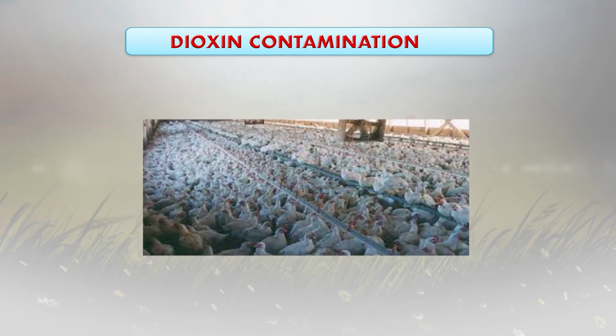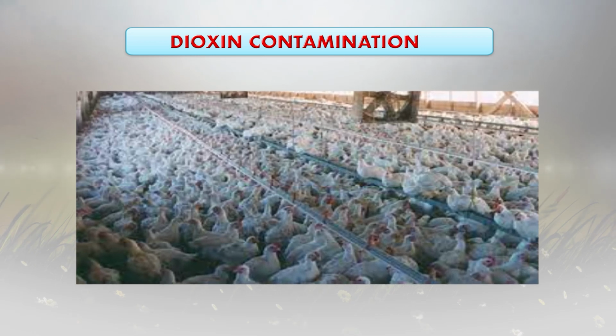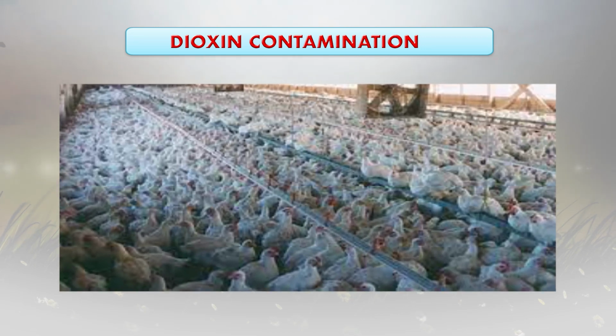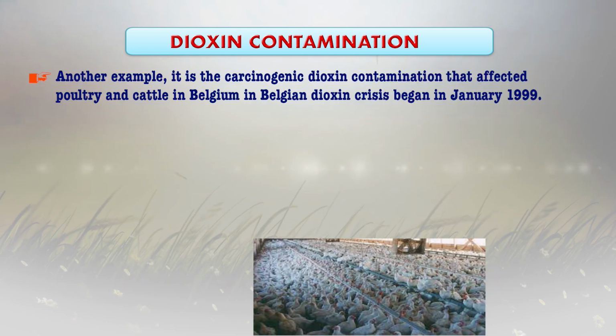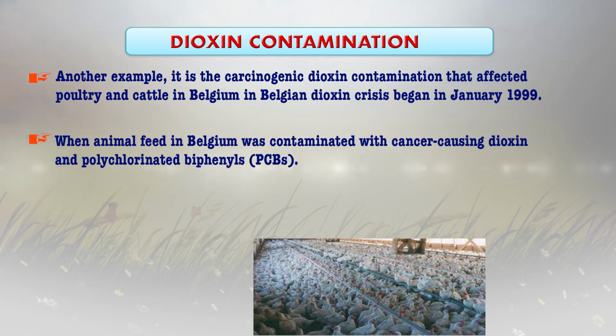Another case study is the carcinogenic dioxin contamination that affected poultry and cattle in Belgium. The Belgian dioxin crisis began in January 1999, when animal feed in Belgium was contaminated with cancer causing dioxins and polychlorinated biphenyls, that is PCBs.